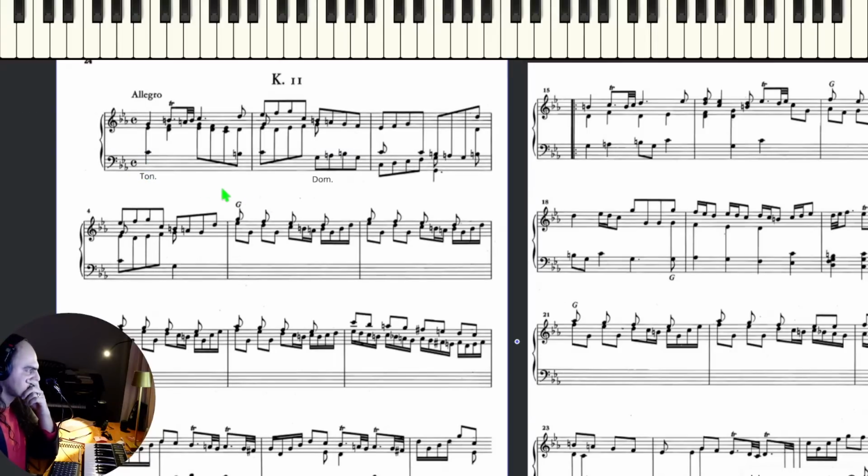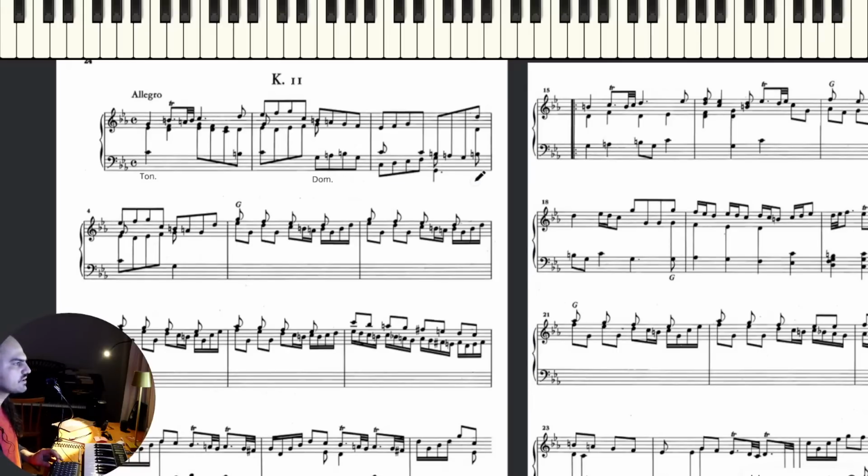Okay. This is what I find amazing about this example. So this is the first part.